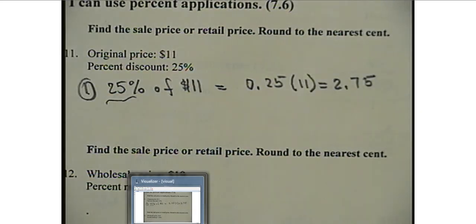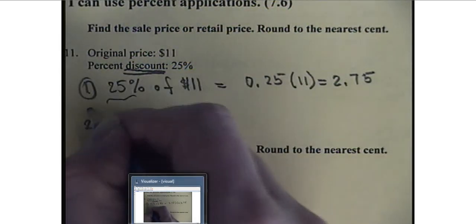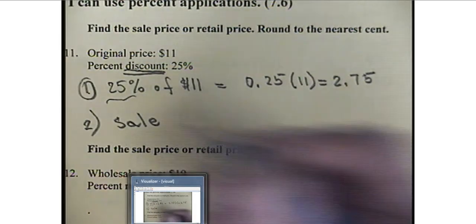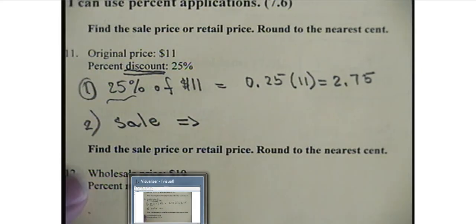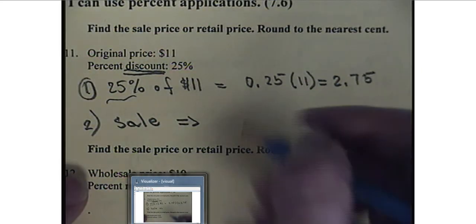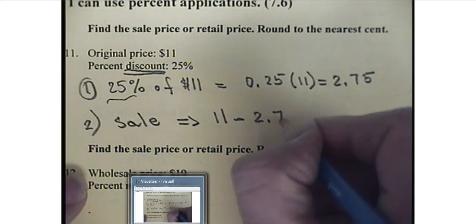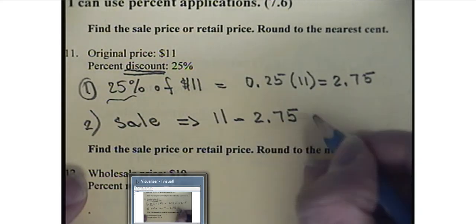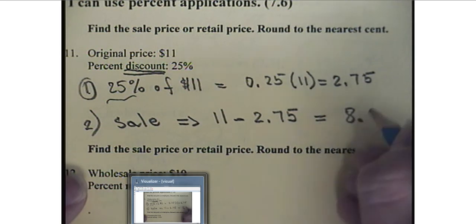So percent discount gives you information that we have to use the sale formula. So number 2 will be the sale formula, where we substitute 11 minus $2.75 as a discount, which will give us the new price of this product as $8.25.